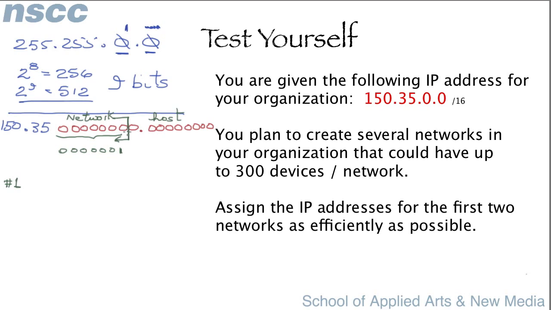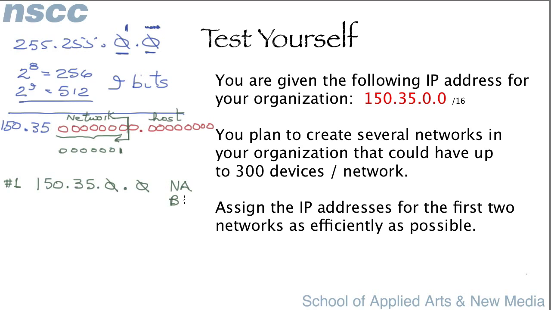Network number 1 is going to have all these bits as 0 right here. So my network address is going to be just 0 because the network address has the host bits all 0. So that's the network address.